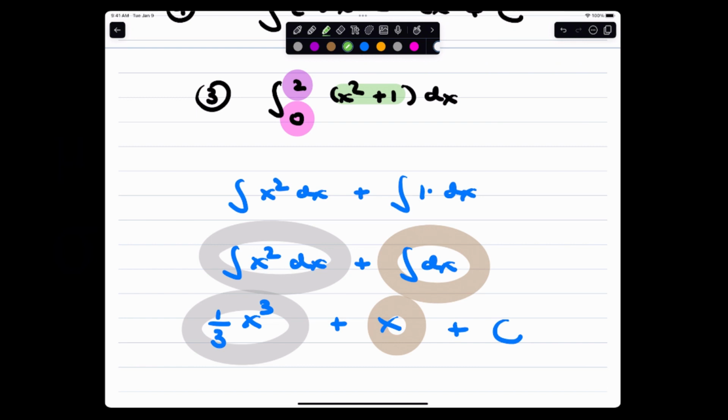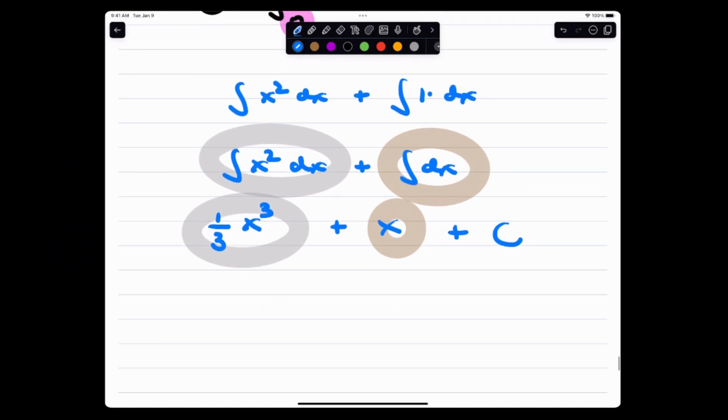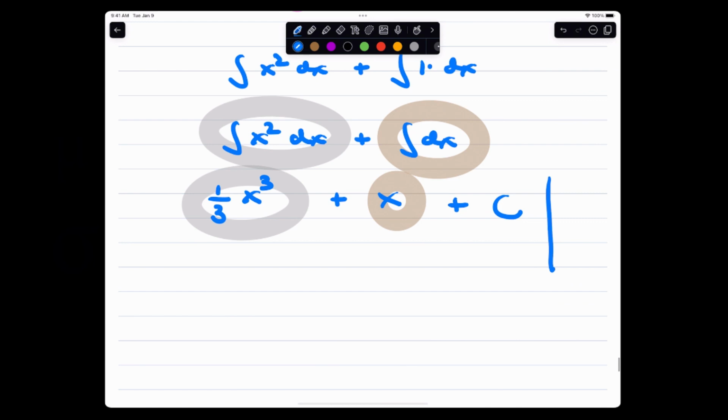That's all they're saying. But then you say, what about my limits? Okay, if they gave you limits, then apply the limits from 0 to 2. This is going to be that big F. That's the same. Would you guys agree? Same family, antiderivative. They gave you x squared plus x.